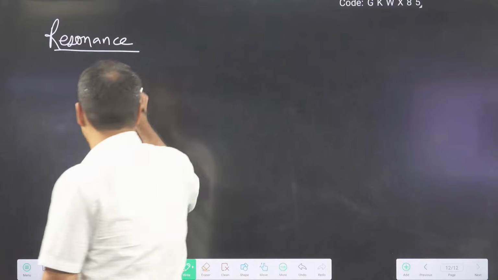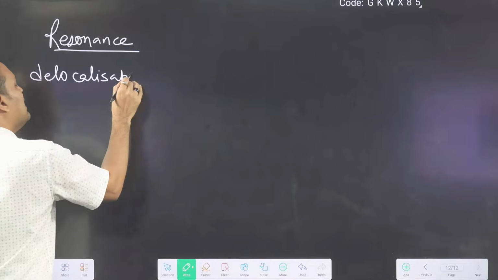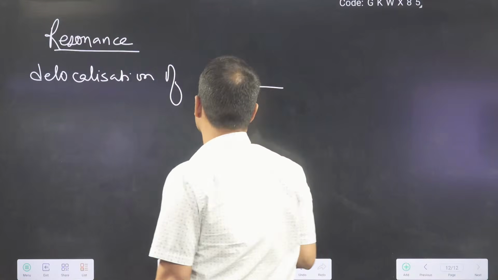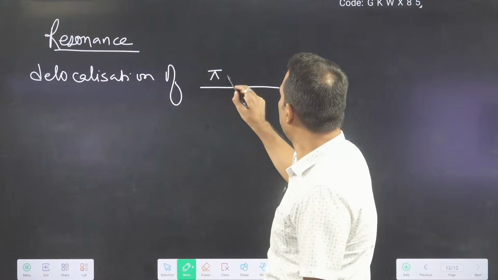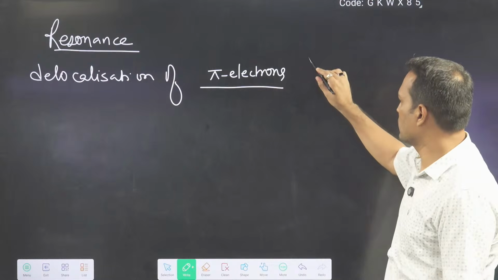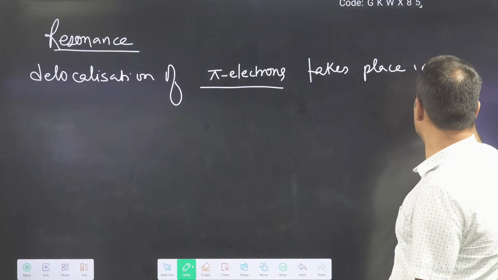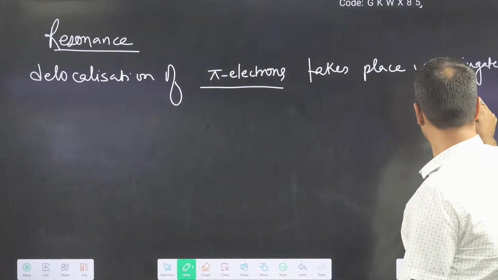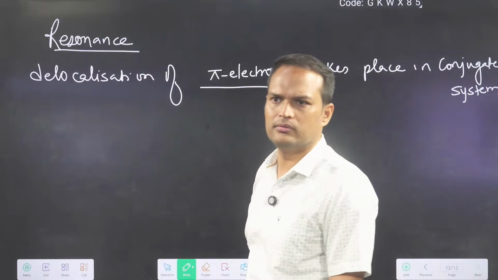If I ask you what resonance is, you will say, sir, resonance is a phenomenon in which delocalization of, tell me, pi electrons or sigma electrons? Pi electrons takes place in a conjugated system. So now here we have three words.